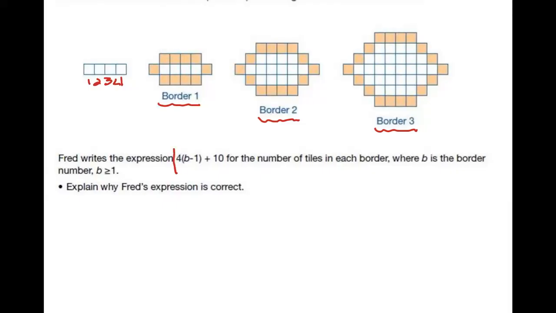So he came up with this expression, 4 times (B minus 1) plus 10. Where is he getting this 10? This 10 is a constant. It's the same in each pattern. Where are those 10 tiles he's talking about?